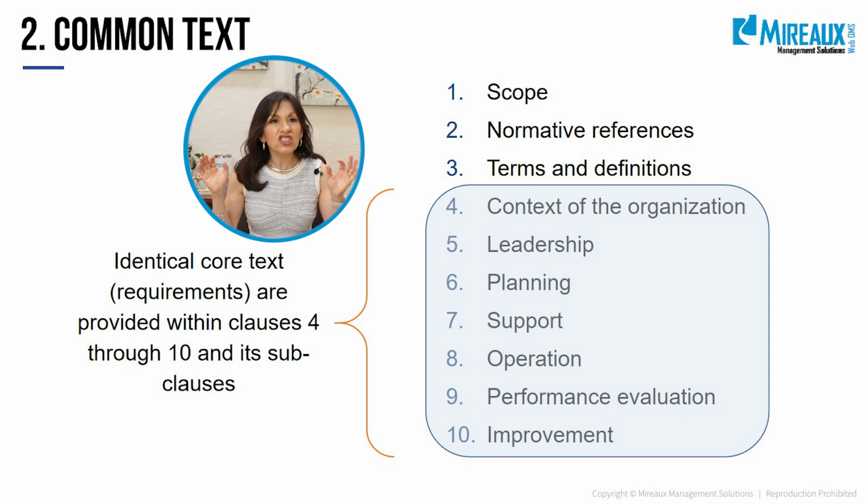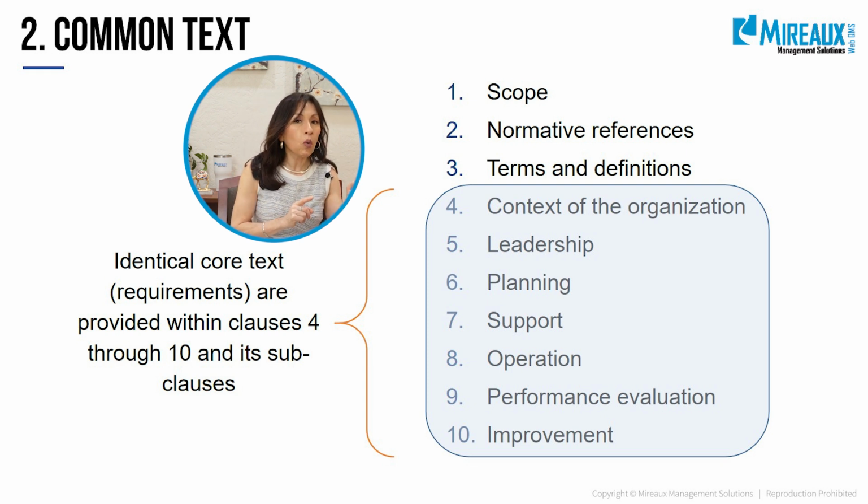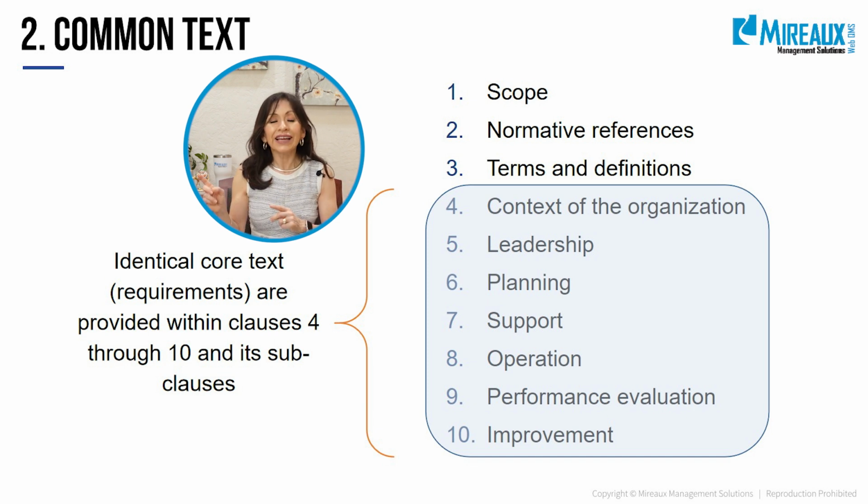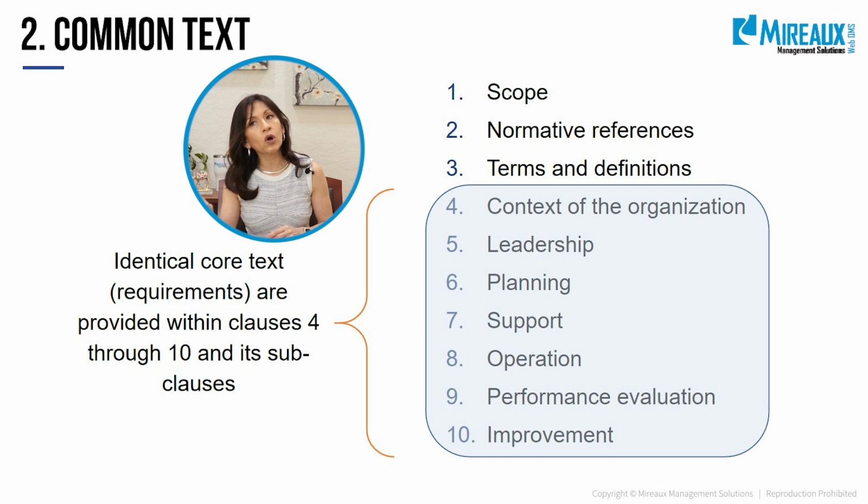This means that large chunks of the wording in these clauses are exactly the same across different management system standards. So if you understand a requirement in ISO 9001, for example, you'll likely find very similar, if not identical, wording for that same core concept in ISO 14001 or ISO 27001.